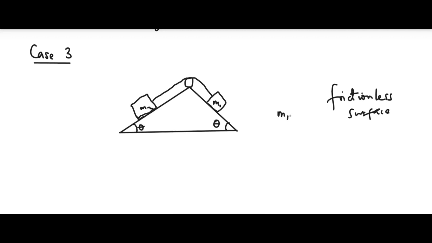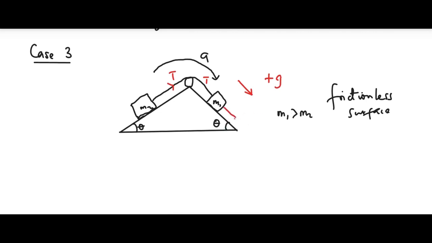Provided M1 is greater than M2, what am I expecting? The body would accelerate this way. And don't forget, your tension would be towards the pulley. The tension here too will be towards the pulley, right? So since this is traveling in this direction, what happens to gravity? Gravity becomes positive because it's traveling in favor of gravity.